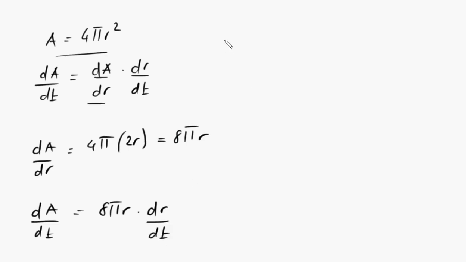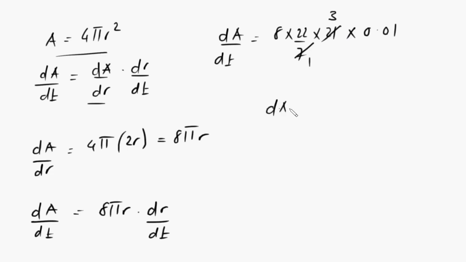So my dA/dt now is just going to be equal to 8 times pi, 22/7, times r, 21. Remember, times dr/dt is 0.01. So this is 1, this one is 3. Okay, so multiply there, what do you get?